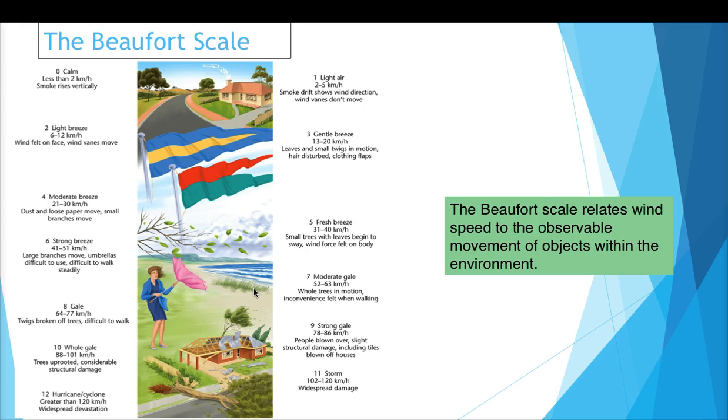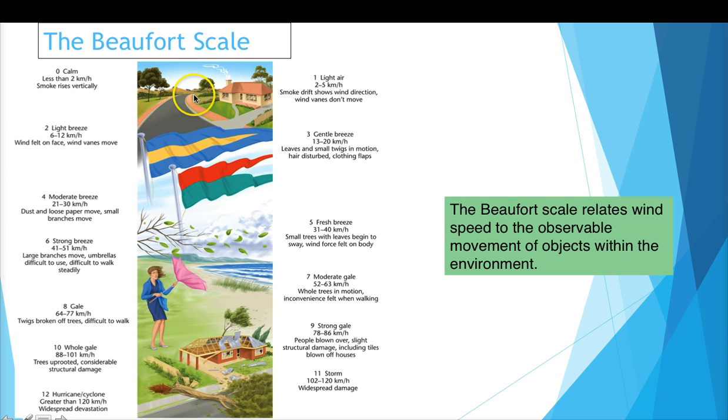Okay, and the last thing we want to take out of today's lesson is the Beaufort scale. The Beaufort scale relates wind speed to the observable movement of objects within the environment. So looking at the environment around us, the Beaufort scale tells us what type of wind speed we have, and it gives an indication from 0 to 12. So 0 up here is calm, less than 2 kilometres.